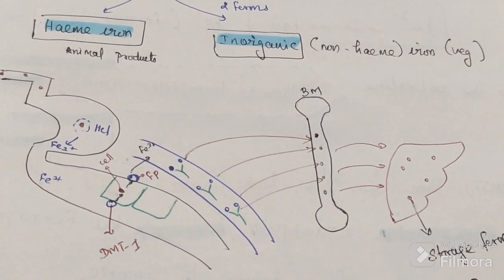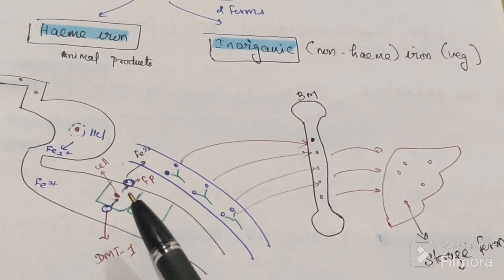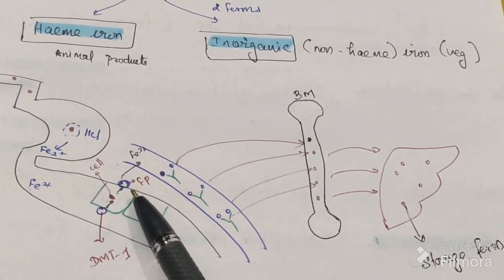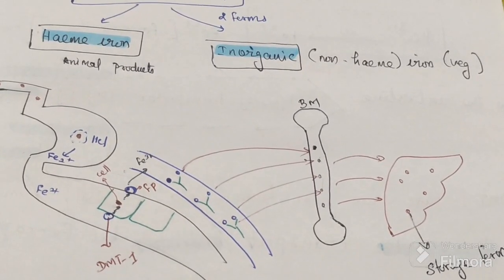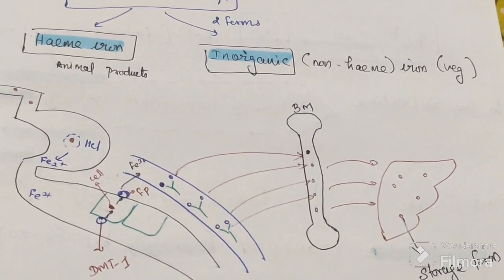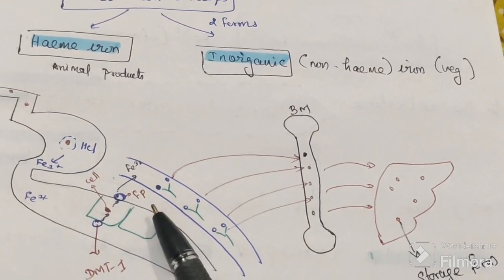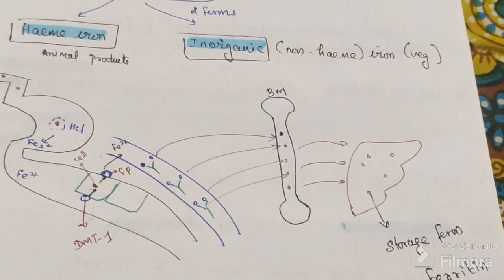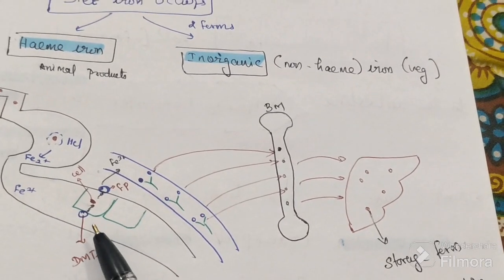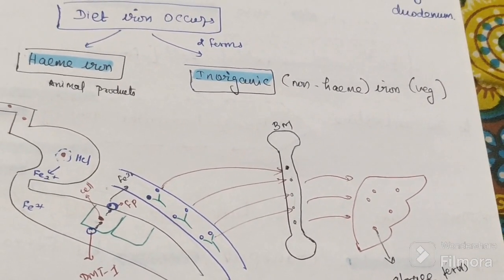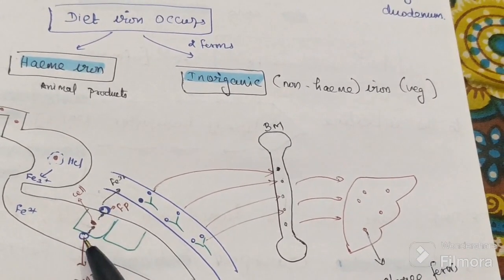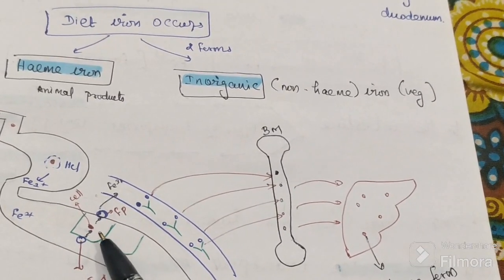On the other side we have another transporter, known as ferroportin. DMT1 will take iron from the lumen into the cell.